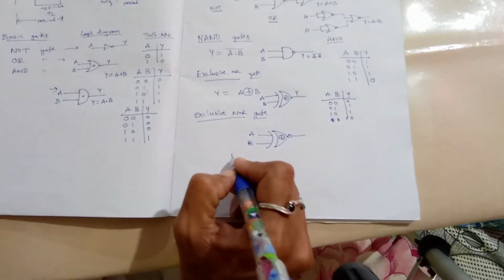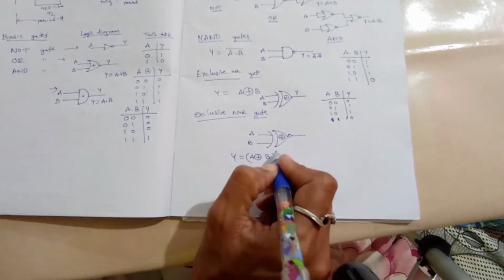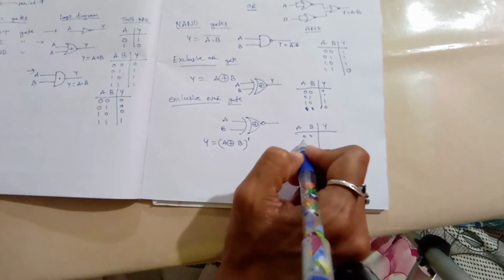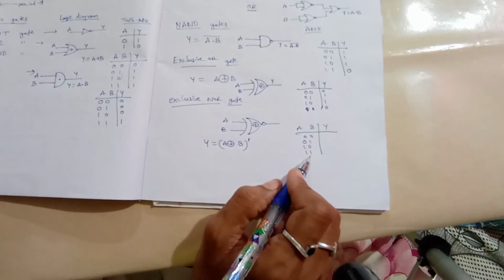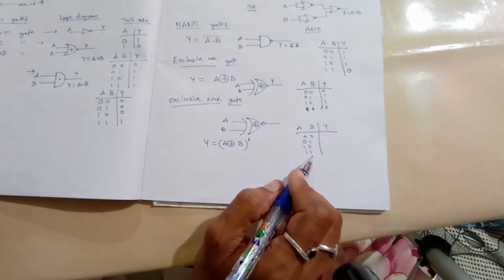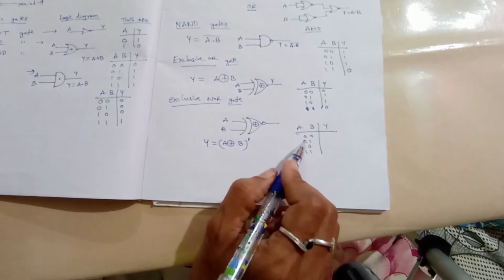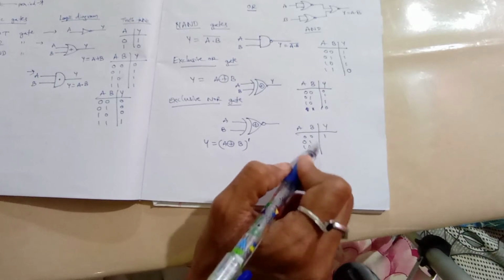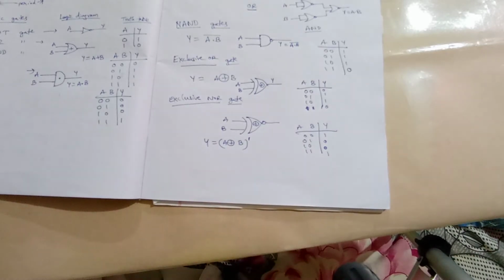That means Y is equal to A exclusive OR B whole bar, not. Okay, inverted output. So now the truth table is A, B, Y: 0, 0, 0, 1, 1, 0, 1, 1. Now the truth table, that is even number of high inputs. Here there are no ones, so this becomes even and this becomes even. So high output, and remaining two cases the output will be low.